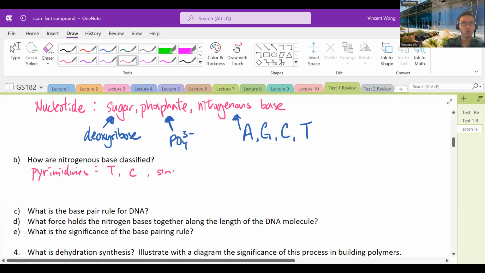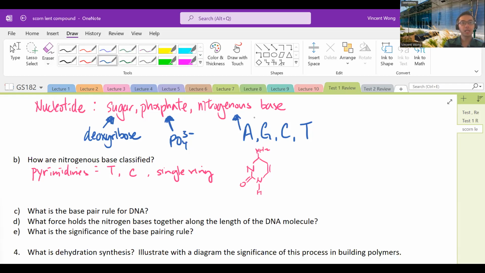They have a single ring in their structure. Okay, so it looks something like this. I mean, you don't have to draw them, I'm just drawing it to show you. So there is a single ring structure right here. That's a pyrimidine. And on the other hand, the other classification is a purine.